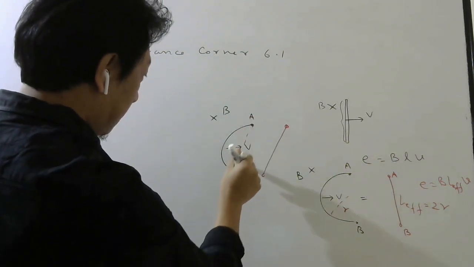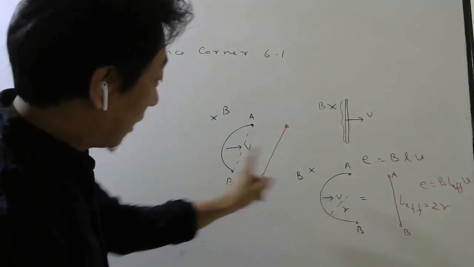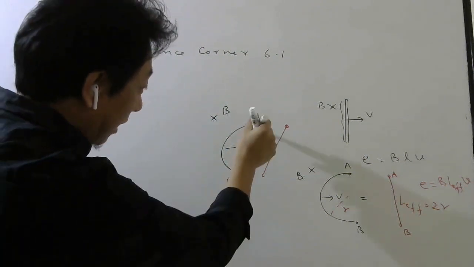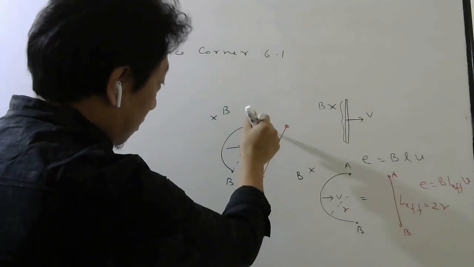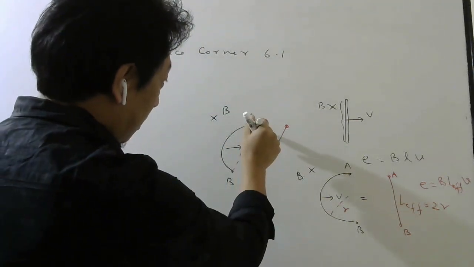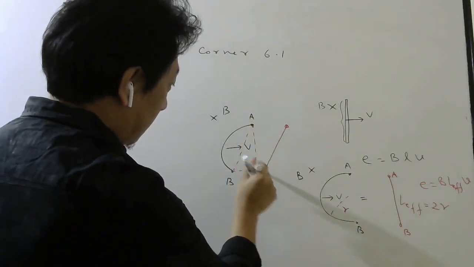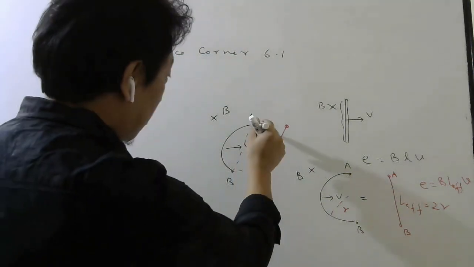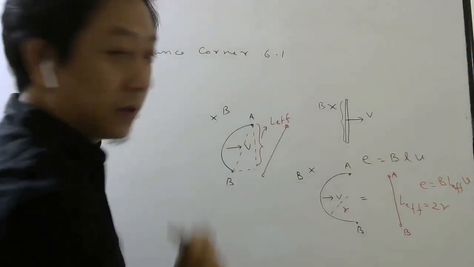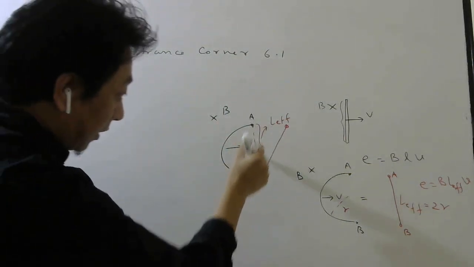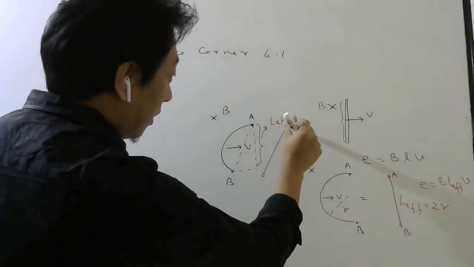This one, right? So that again directly you cannot use because this L effective is not perpendicular to velocity. So you have to resolve this L into two components, one here, one here. Which one you have to use? This one you have to use. So this will be your L effective. So first find the L effective, and then find the component of L effective.